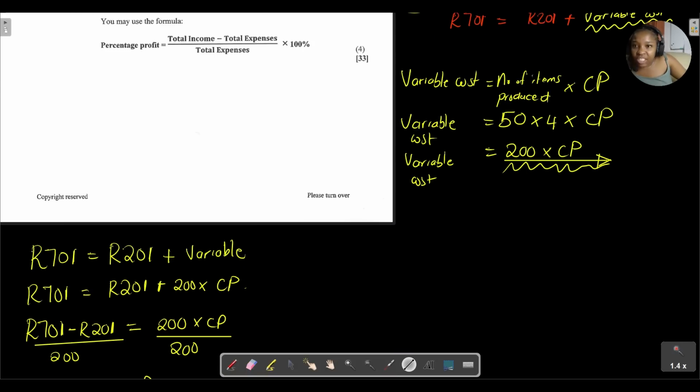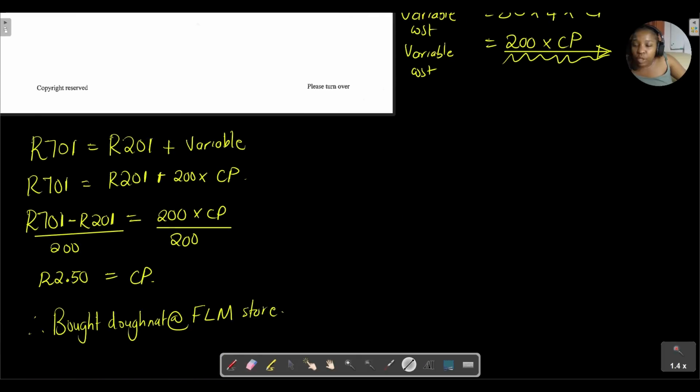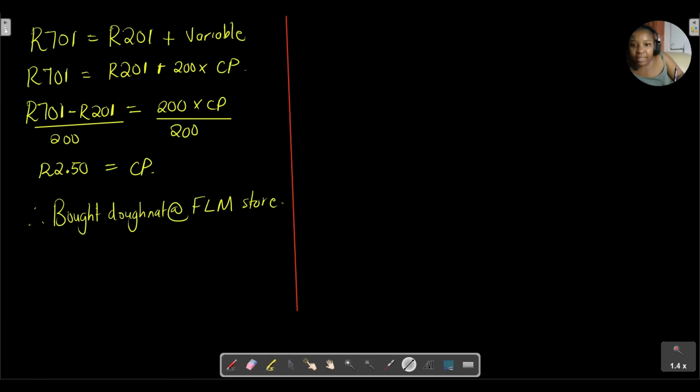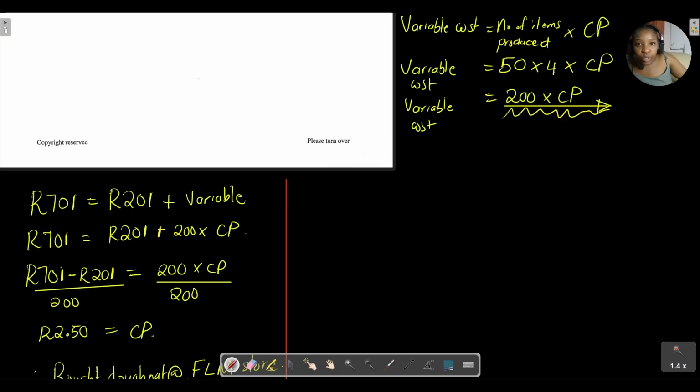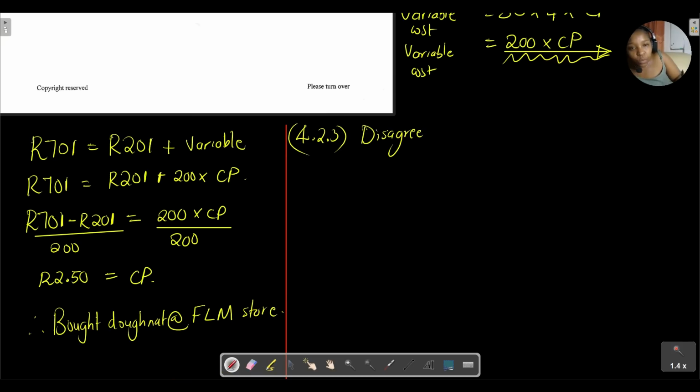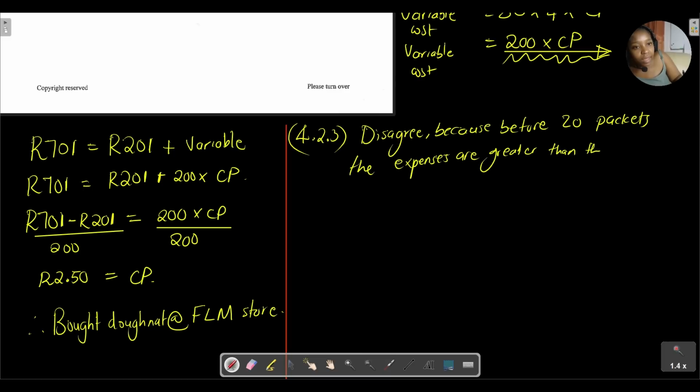Question 4.2.3. We disagree with Mr. Swartz because before 20 packets, the expenses are greater than the income.